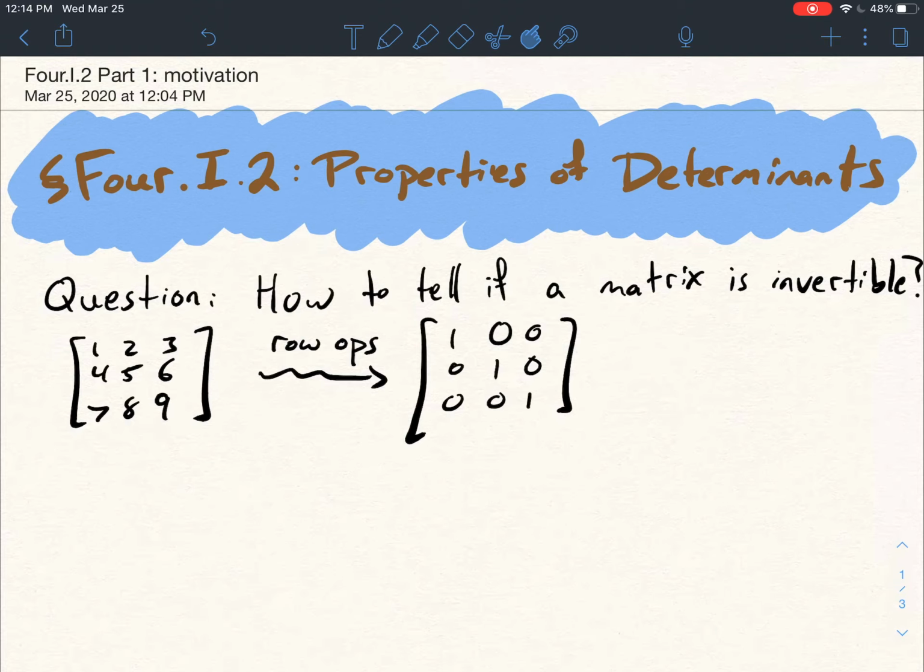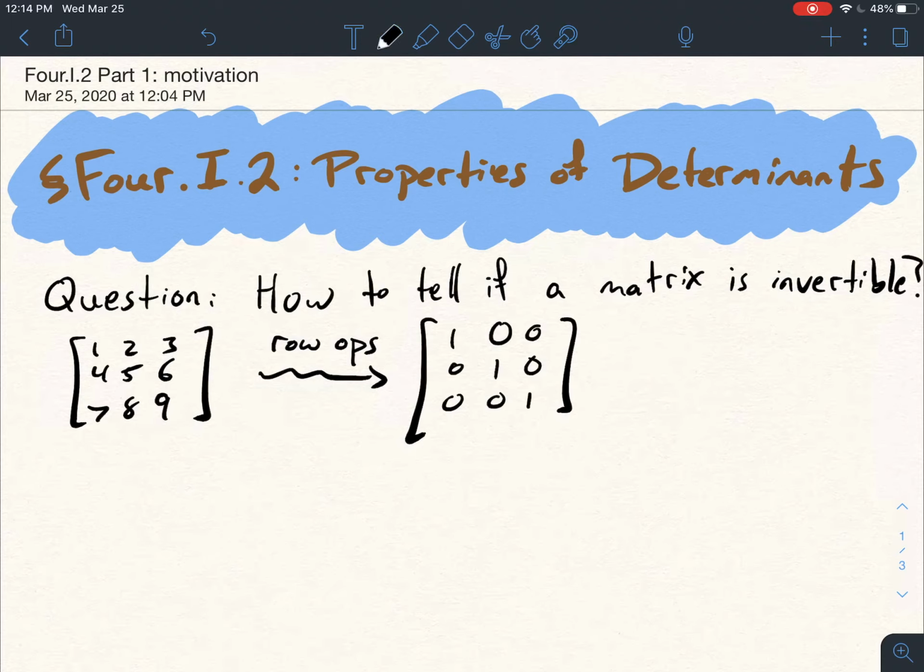If you can row reduce something to the identity matrix, then it is an invertible matrix because you can do those same row operations to the identity matrix to obtain your inverse, right? So non-singular matrices are the matrices that are row equivalent to the identity matrix, and non-singular and invertible are effectively the same thing.